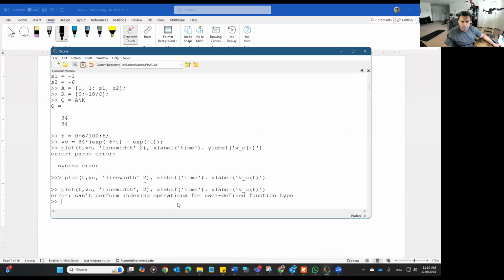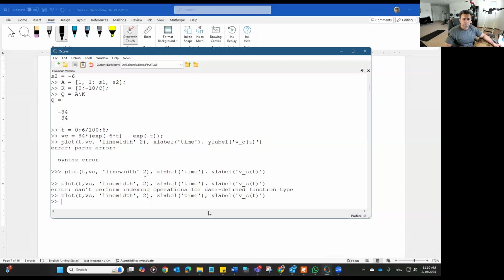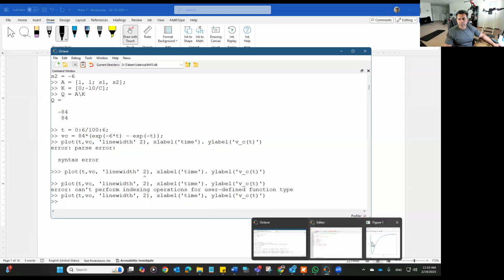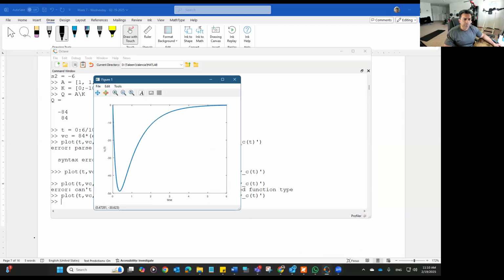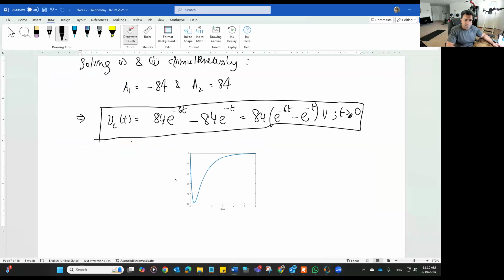Should be a comma here. I did not print VCT because I put a period over there. Anyway, this is VCT on the y-axis, this is time, and this is VC versus time. So this is the plot.